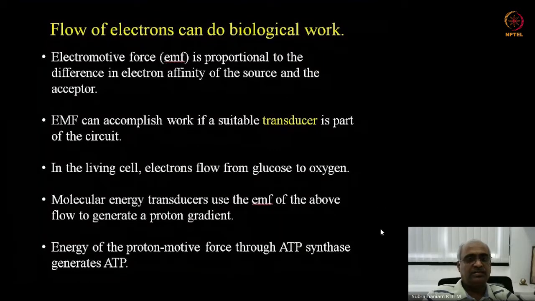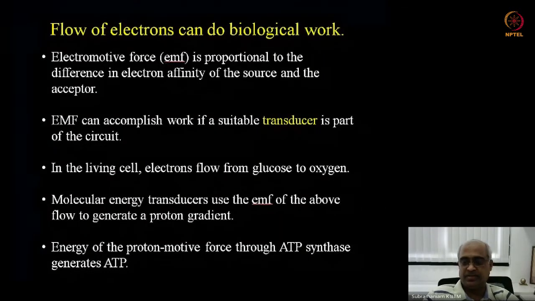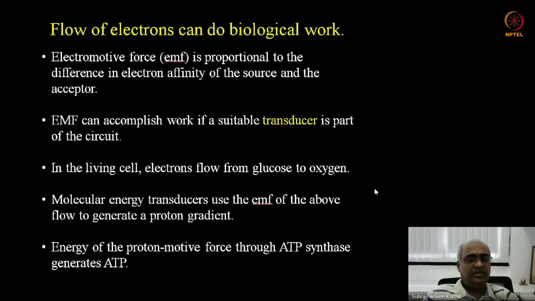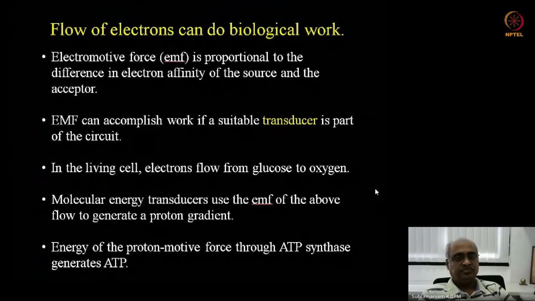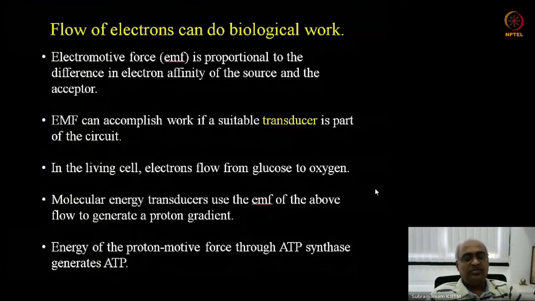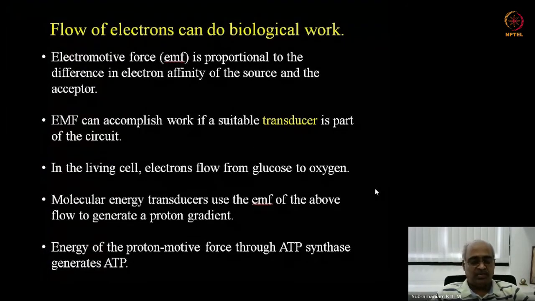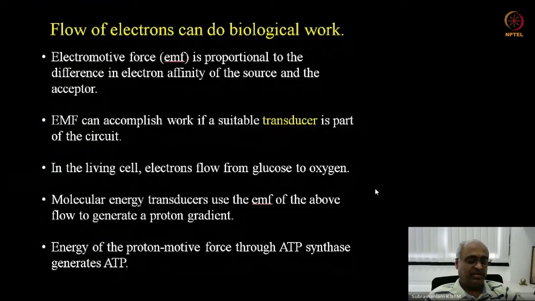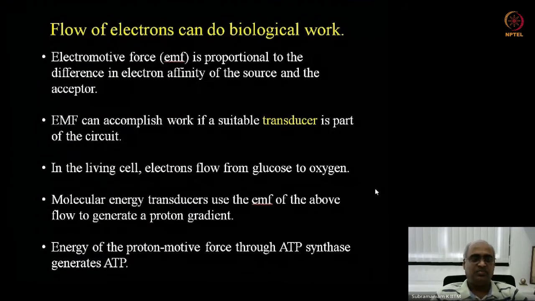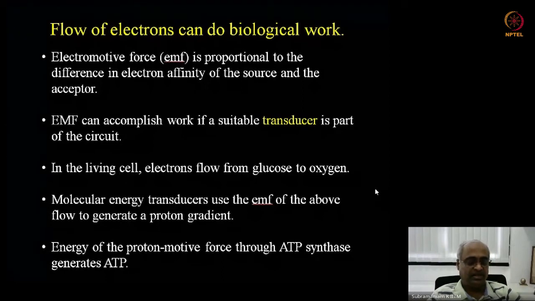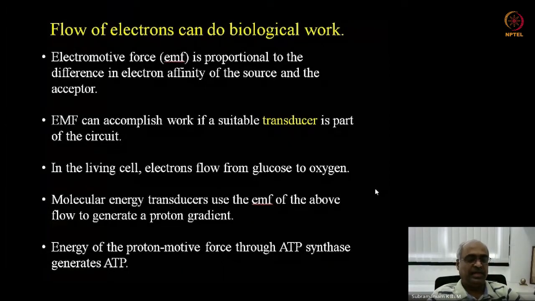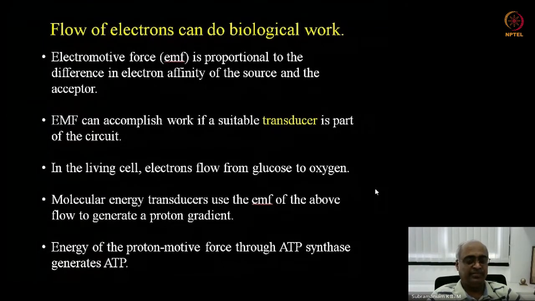So in the last class, we were discussing how in biology most of the energy transfer is via oxidation reduction reactions. I was talking about how the free energy that is available is a reflection of the kind of bonds and the kind of atoms that are bonded.